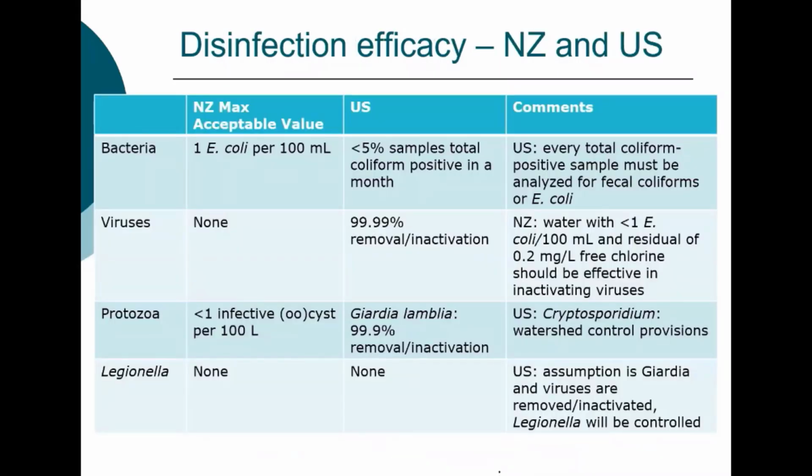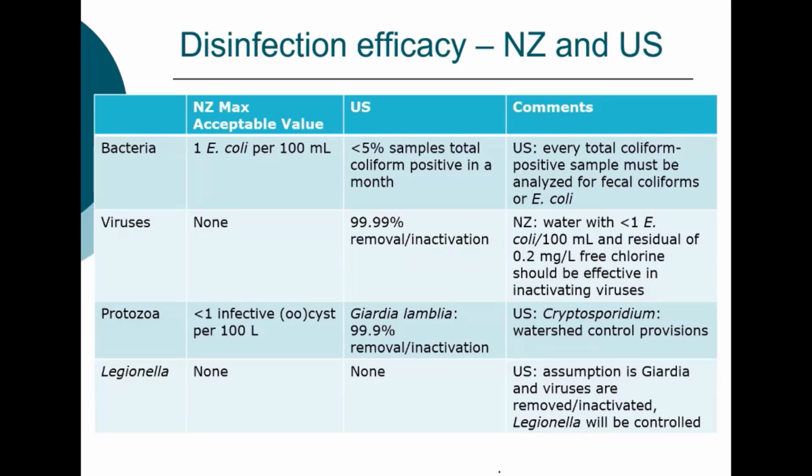This table compares disinfection efficacy in New Zealand and the US. I'm not going to spend a lot of time on this, but you can see that there are differences. So for instance, in the US, for bacteria, it's stated that less than 5% of samples can be positive for total coliforms in a month.